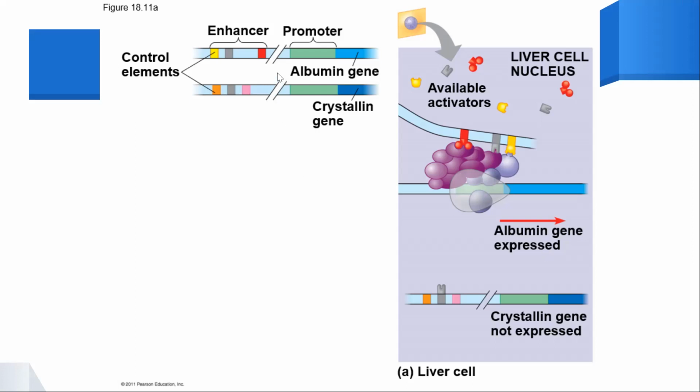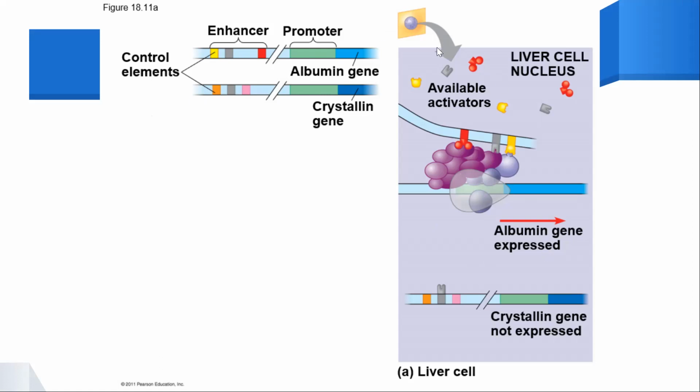So here it's showing you, you've got all of these genes in your cell, and in some cells you've got the enhancers and the control elements, but you don't have the activators in all of the cells.